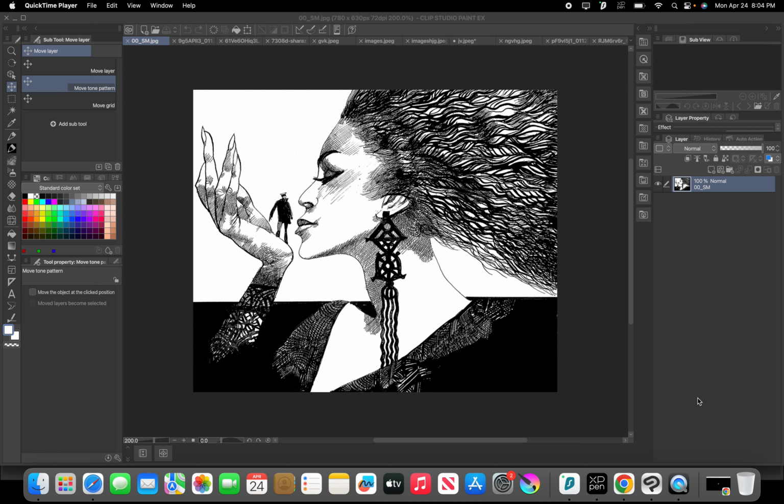So the obvious element of that right here is this woman who's holding this small man in her hand, right? So we have those two elements contrasting against one another. But we also have different types of shapes and different types of shading that play a role in this.